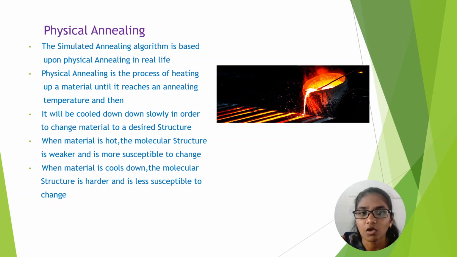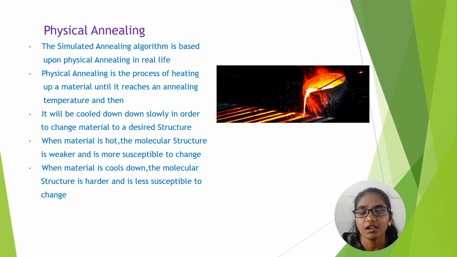When a material is hot, the molecular structure is very weak, so it is more susceptible to change. When the material is slowly cooled down, its structure becomes stable and less susceptible to change.